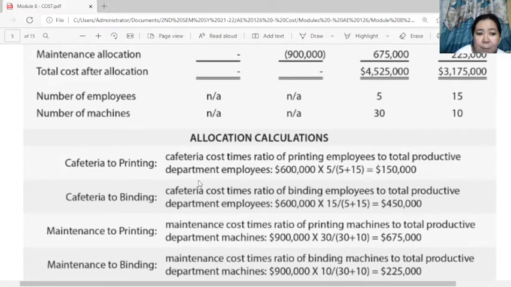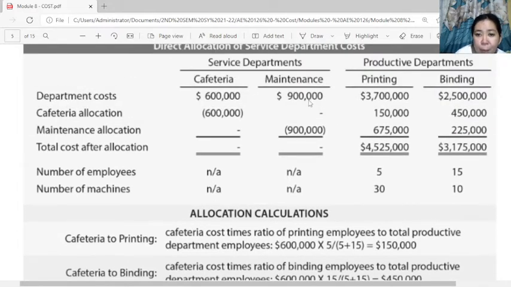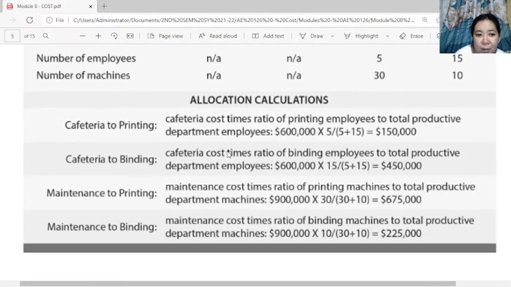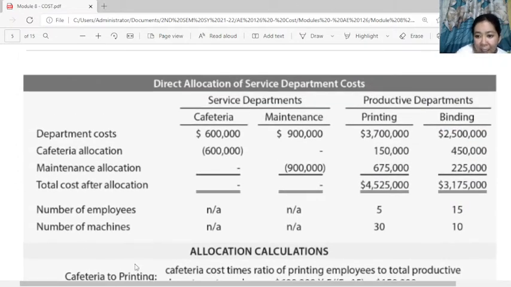For the maintenance department, how do we allocate 900,000? This is how it is done. Maintenance cost times the ratio of printing machines to the total productive department machines. In the printing department they have 30 machines, and in binding they have 10 machines, so in total it's 40 machines.